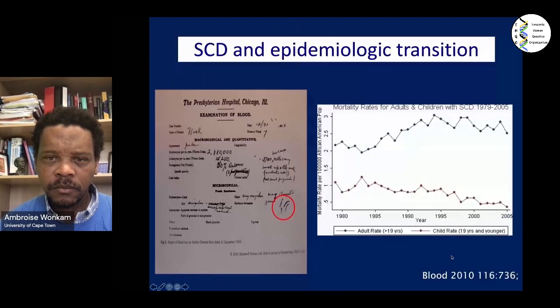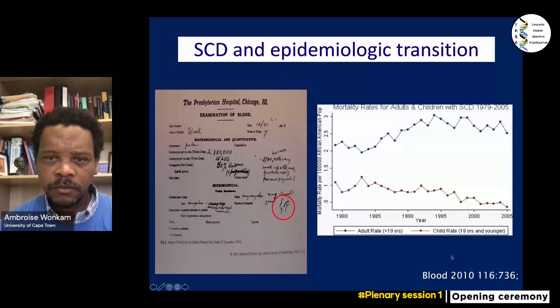The implementation of newborn screening, penicillin prophylaxis, and the use of hydroxyurea have dropped the mortality in children to nearly zero in America, but the mortality in adults has not changed over the past 40 years in America. So you can imagine that in Africa, we will have a worse situation because very few countries have implemented newborn screening, as we have shown in the map before.